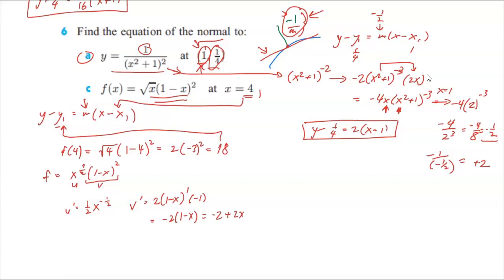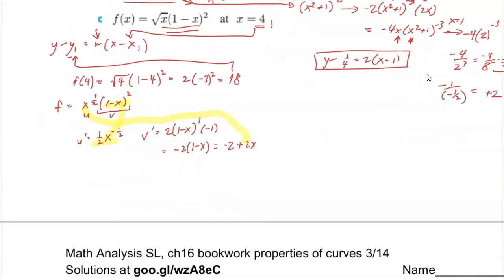Okay, now I'm going to do product rule, right? So the u gets multiplied times the v dash, and the v gets multiplied times the u dash. So let's write that out.